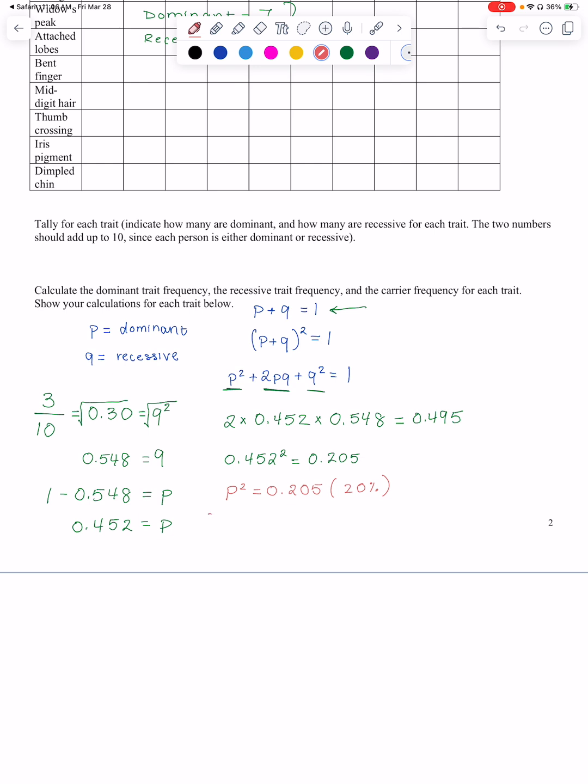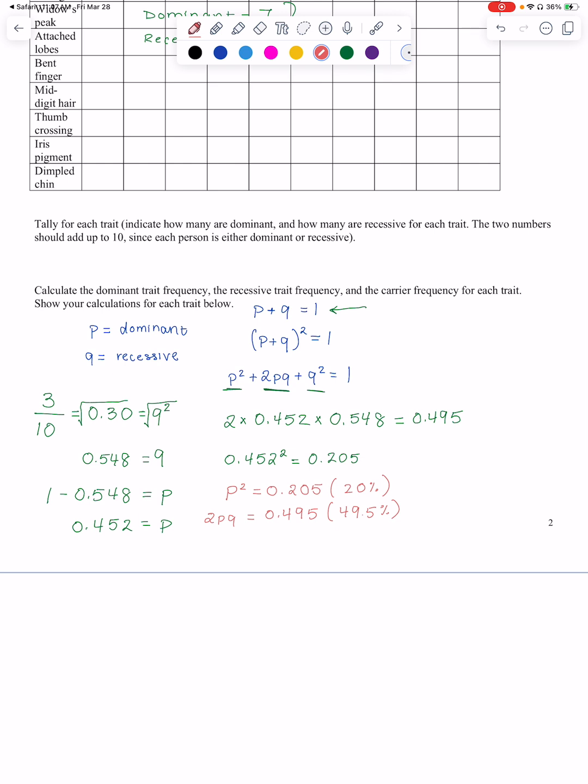Our 2pq value, this is representative of the dominant individuals that are carriers for the recessive gene. And this number we've also already calculated, that was the 0.495 number, which is equivalent to 49.5%.